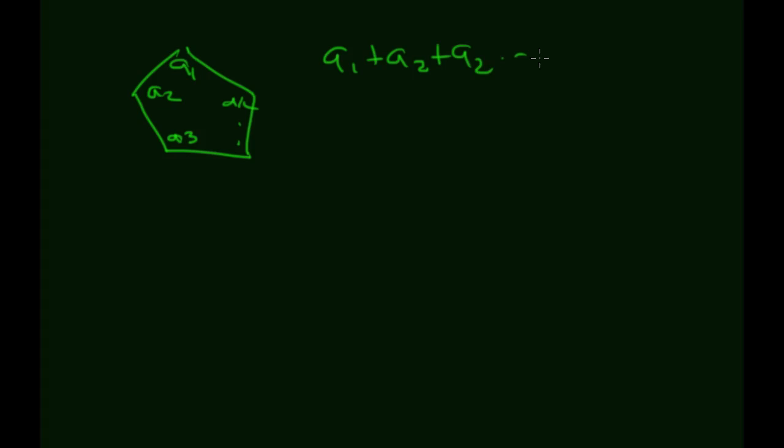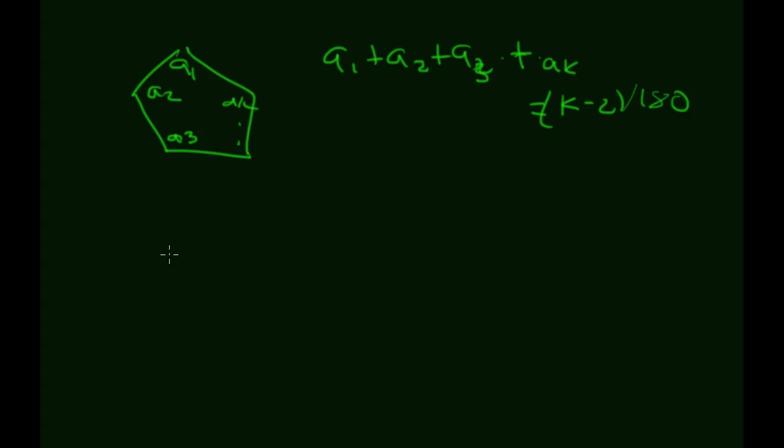Okay, so two big theorems here. One is that if I have a polygon and I add up the interior angles, A1, A2, A3, out to AK, and the polygon is convex, this is going to be K minus 2 times 180.